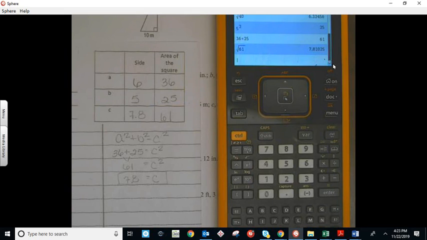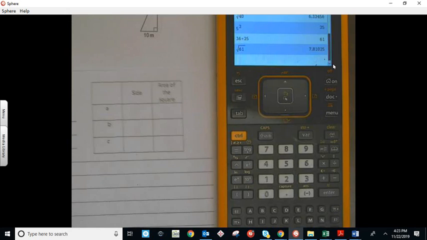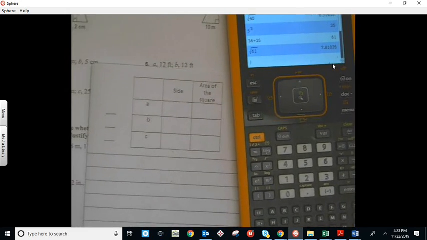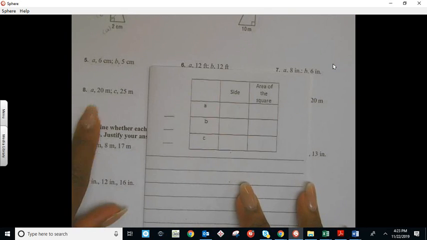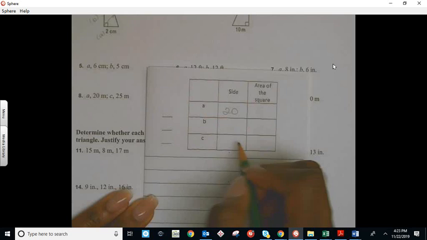All right, last one that we're going to do together. So here's my table. Let's take a look at what they gave us. They gave us A and C. So my A is 20. C is 25. A is 20, C is 25.